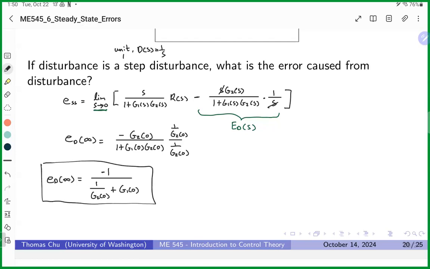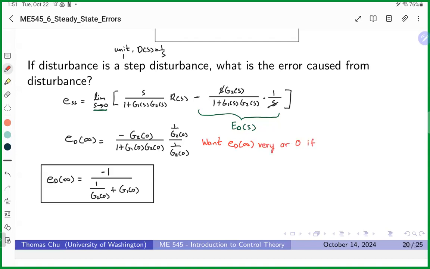Okay, so the reason I show this relationship here is that our goal is for the error due to the disturbance to be very small or 0 if possible.